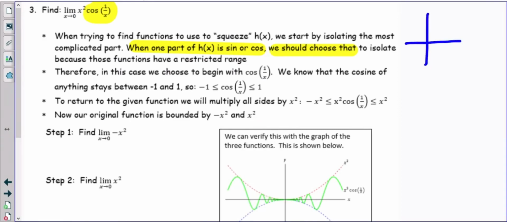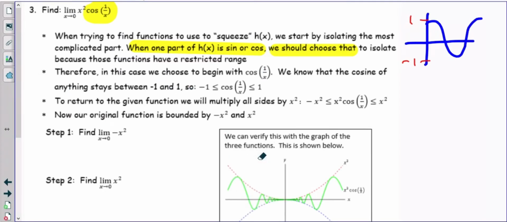And our cosine graph looks like this. And the restricted range for any cosine, and this is true for sine as well, is that my cosine graph is always going to stay between -1 and 1. And so therefore, in this case, we choose to begin with the cosine of 1 over x, because we know that the cosine of anything stays between -1 and 1.